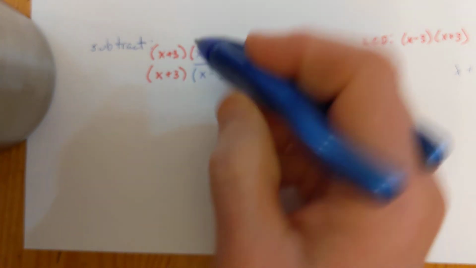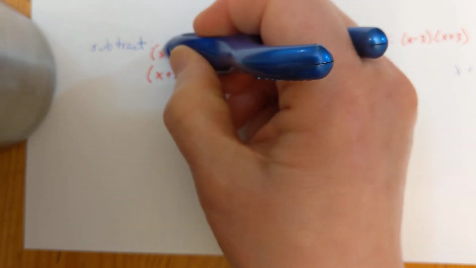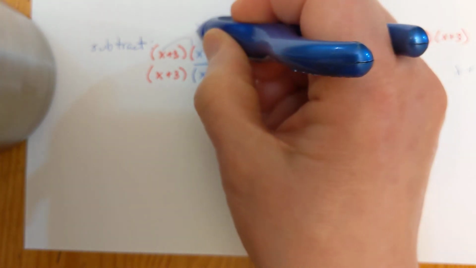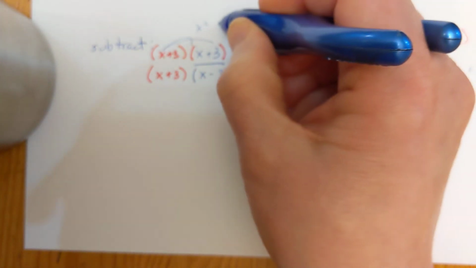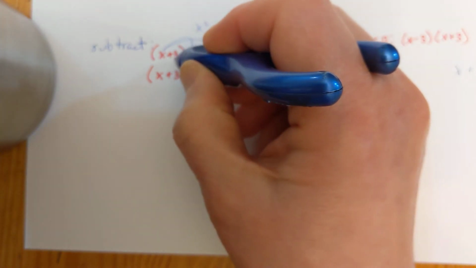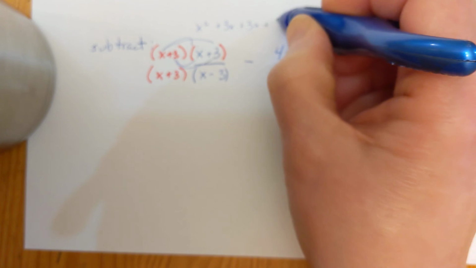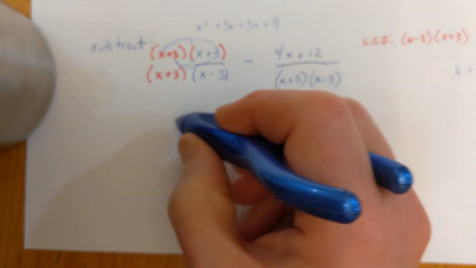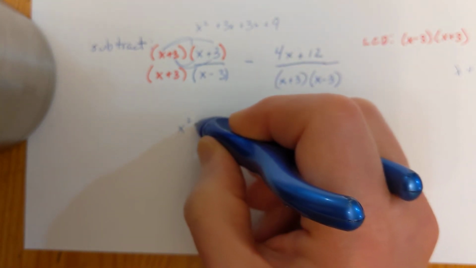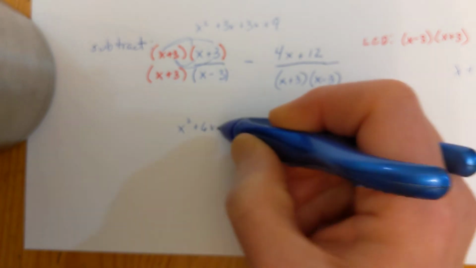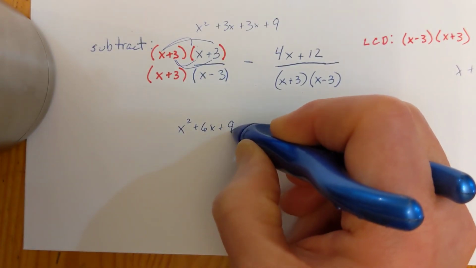I'm now going to multiply this. This is going to give me x squared plus 3x plus 3x plus 9, which is going to be x squared plus 6x plus 9.